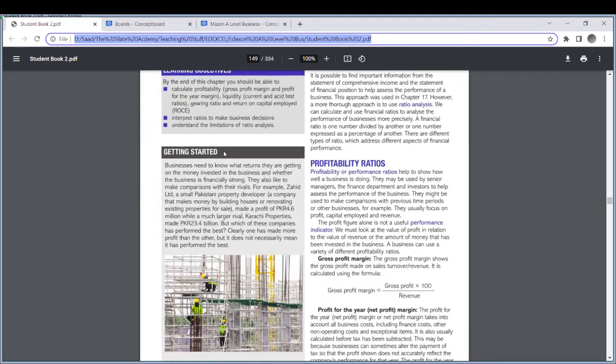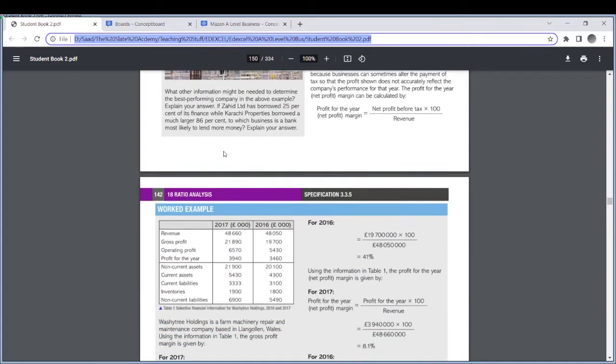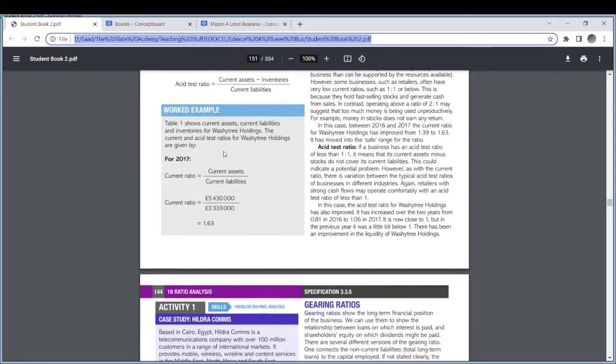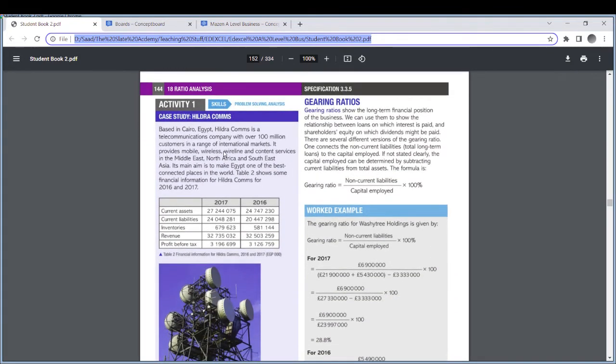In fact, should we do that, or wait, don't do that one, 140. As long as the previous chapter.